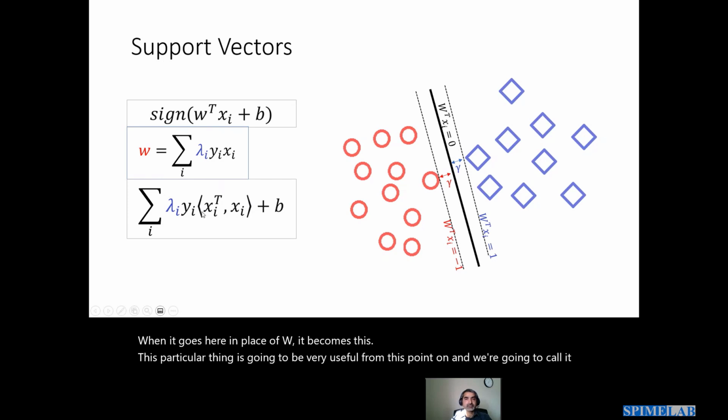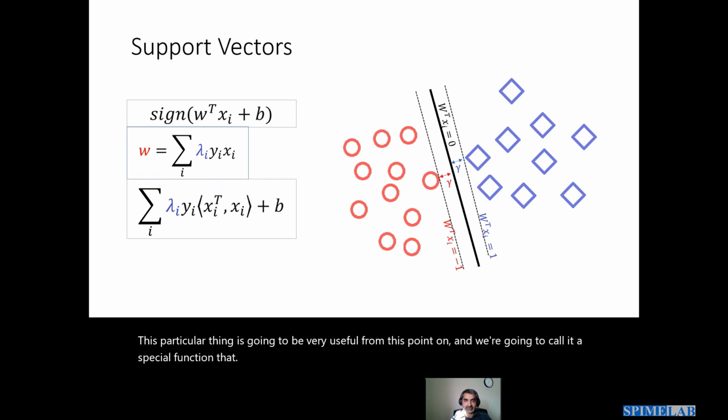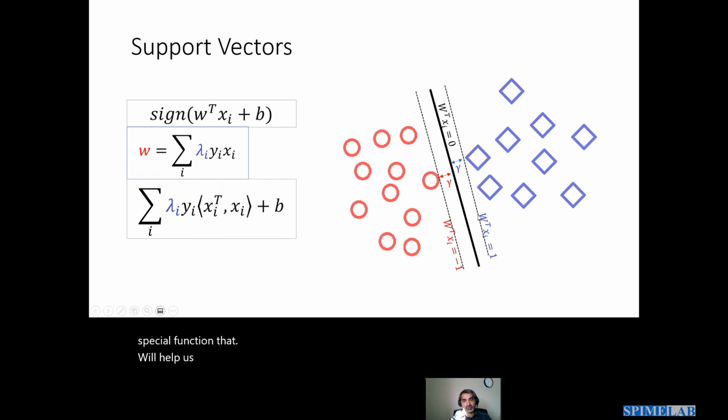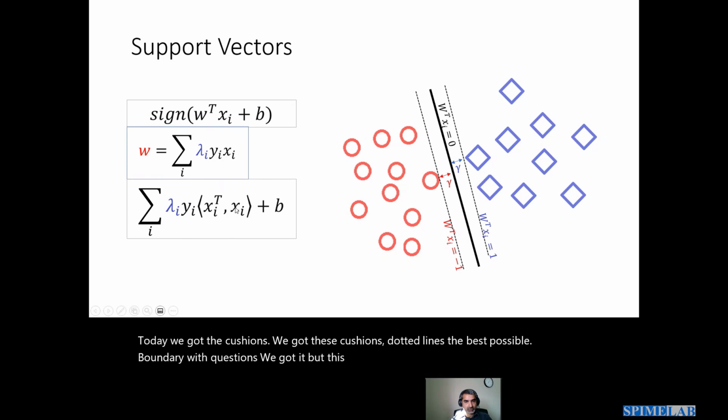This particular thing is going to be very useful from this point on, and we are going to call it a special function. Not only have we got the cushions today, these dotted lines, the best possible boundary with cushions, but this particular dot product of x's is going to help us solve nonlinear classification problems.